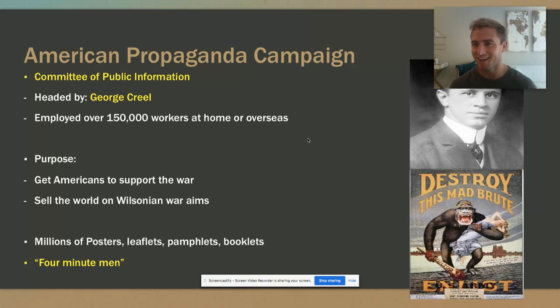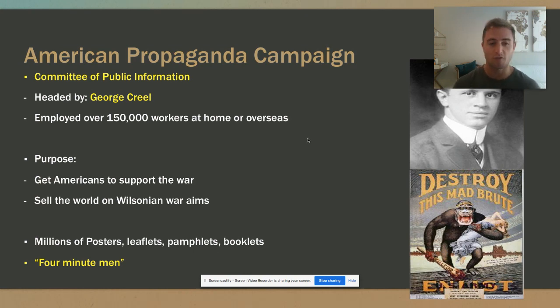But while that is embraced by many Americans, there are many Americans that are anti-war. And so this is our first war where we use propaganda to try and get Americans on board with the war. The Committee of Public Information, headed by George Creel, is going to post and print millions of posters and leaflets and pamphlets.